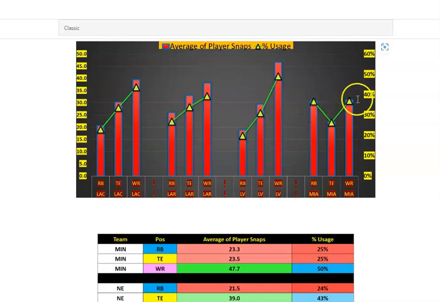Miami, they love their running backs, even though Tua went nuts with the Waddle and everything. But it looks like they're wanting to try to balance it out, passing to both running backs and wide receivers. Of course, last week, Gesicki woke up. So I'm curious, does this stay the pattern?